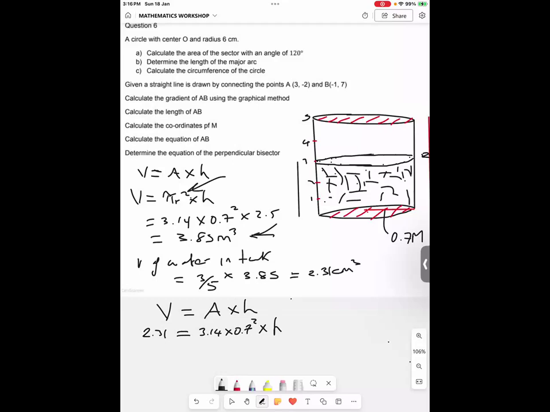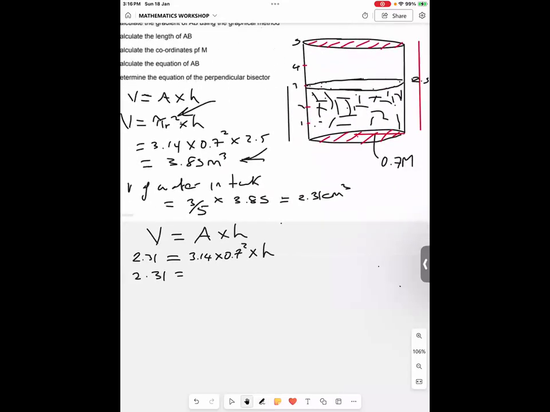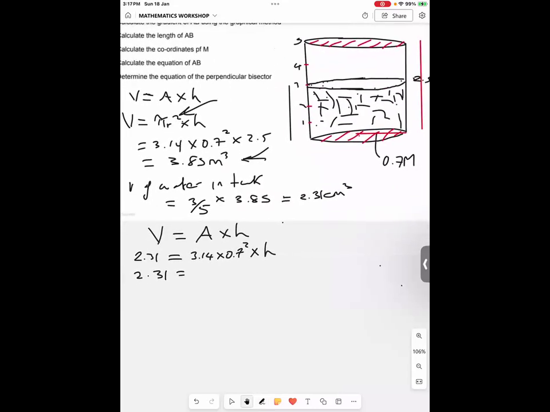So therefore, h is unknown. All right, so go ahead then and multiply 3.14 times 0.7 times 0.7, please.